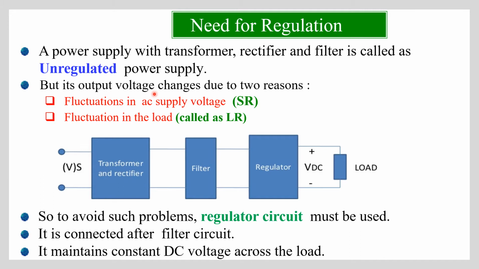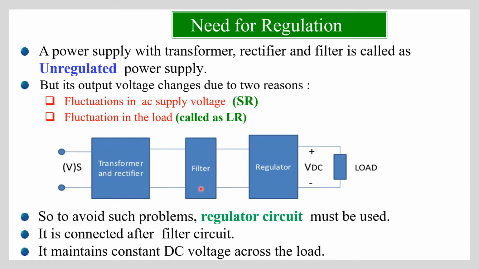But the voltage across the load resistance may change because the supply does not have good voltage regulation. The output voltage decreases as the load current increases, and the DC output voltage changes with the change in AC input voltage.